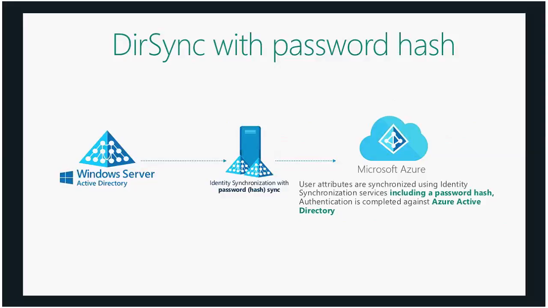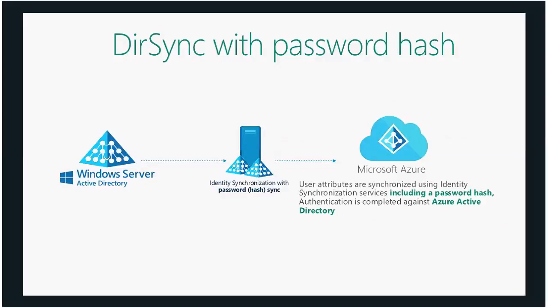So when I'm trying to log into Exchange Online, for example, or to my SharePoint site or to my OneDrive for Business, then I am redirected for authentication to Azure Active Directory. Azure Active Directory asks me for my credentials, so I have to type username and password. Then Azure Active Directory validates my password, and if it is correct, then I am authenticated and I am able to access the service that I wanted to access.